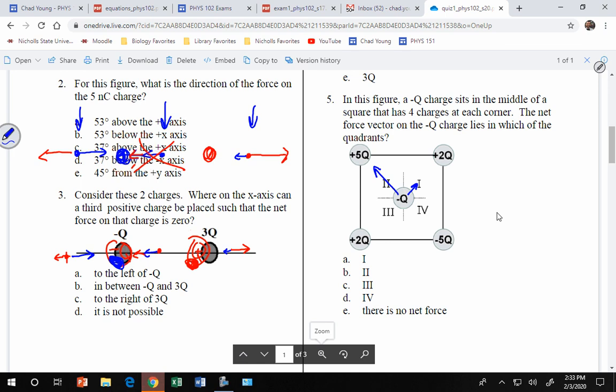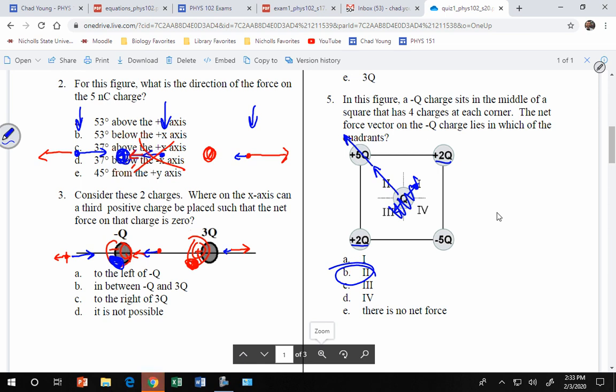The negative 5Q, I'm repelled. And the plus 2Q, I am repelled, like that. Oh, wait, no, I'm attracted. Never mind. Not repelled, attracted. So these two forces cancel one another out because I have two like forces, and so the answer is quadrant 2.